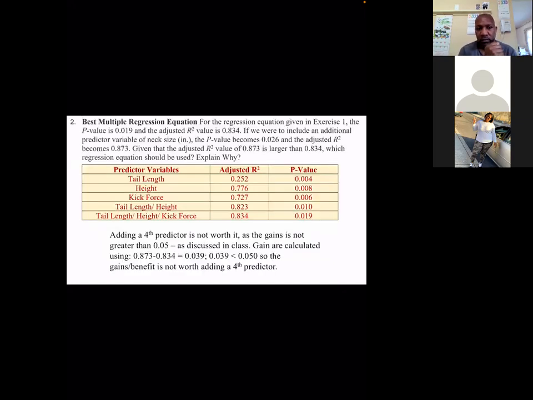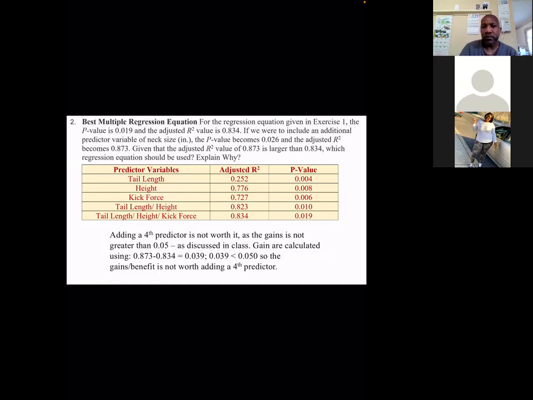Okay. Number 2. For the regression equation given in exercise 1, the p-value is 0.019 and the adjusted R squared value is 0.834. If we were to include an additional predictor variable of nest size, the p-value becomes 0.026 and the adjusted R squared value becomes 0.873.